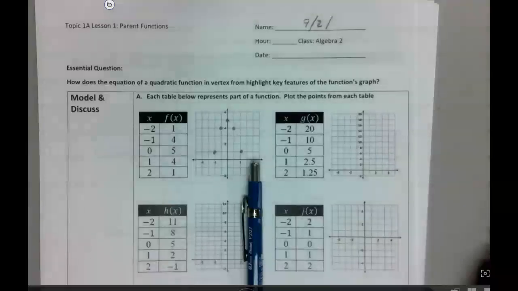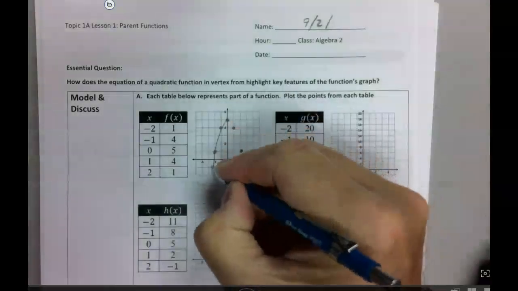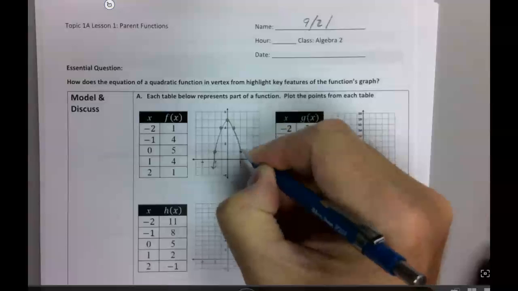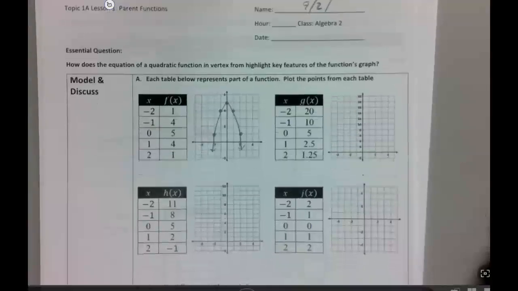So if we draw our graph, it looks something like this. Does anybody know what that thing is? It's a parabola. It's a U-shaped graph. It's a quadratic, which means it's an x squared. Great. Okay. All right, let's do this other one here.